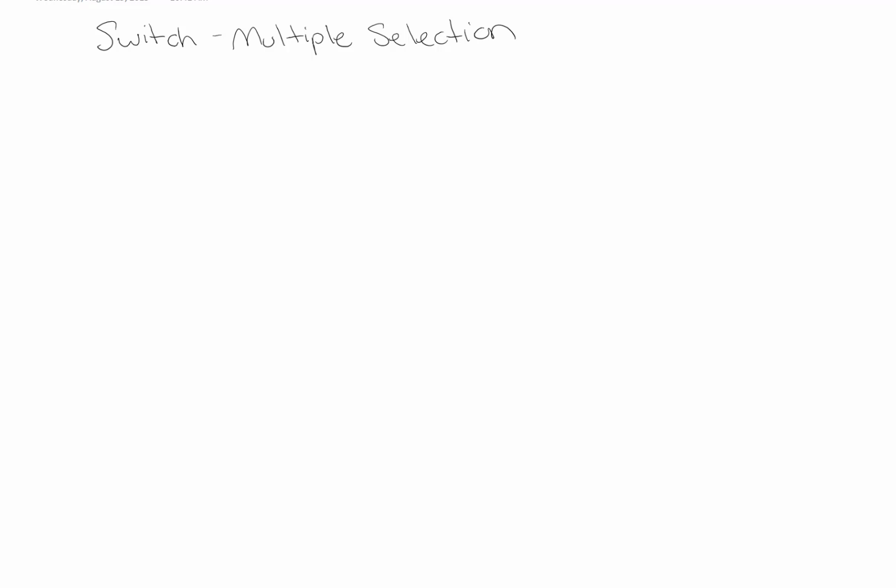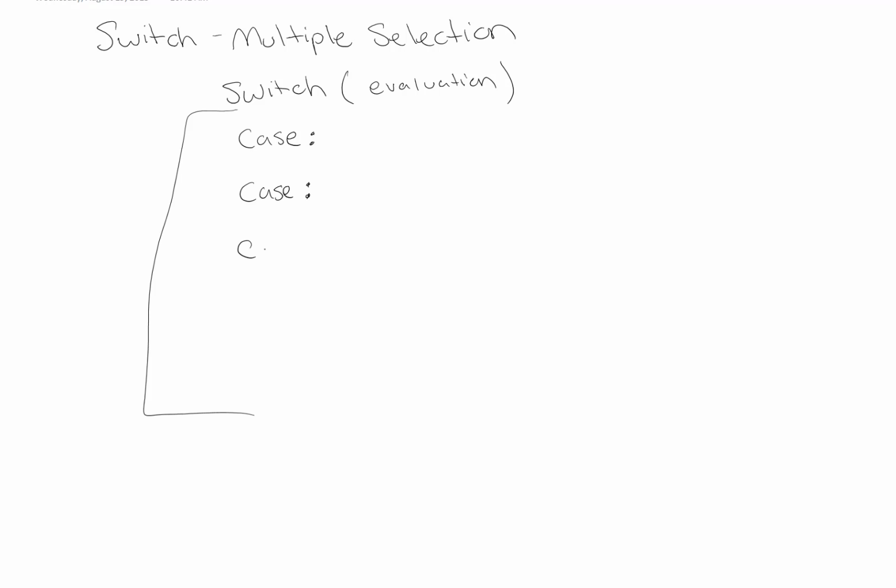So the switch statement is made up of a couple of new keywords. We have the switch statement, which holds whatever we're evaluating. This can be an integer, it could be a string, whatever we basically want to match on. We then have the switch block, which holds various cases. Each case is our multiple choice match.